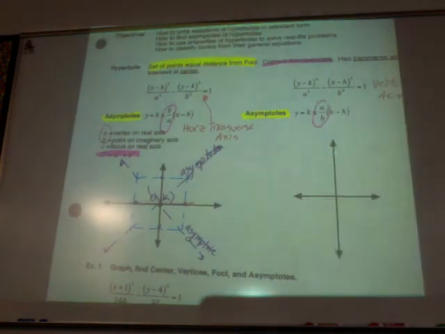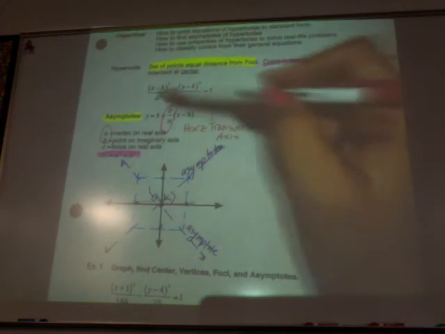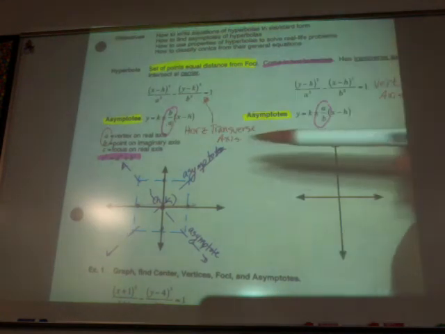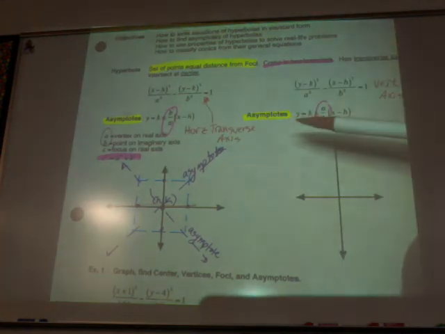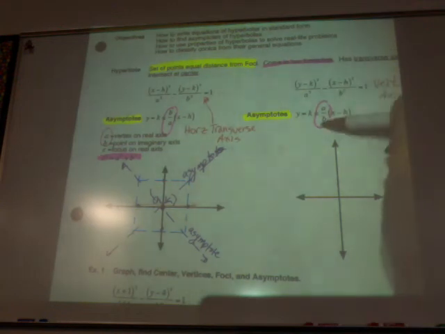So notice that when you have a horizontal transverse axis, the A is underneath the X, right? Isn't your B under the X over here? Right? So whichever one is underneath your X, that's what's going underneath here.